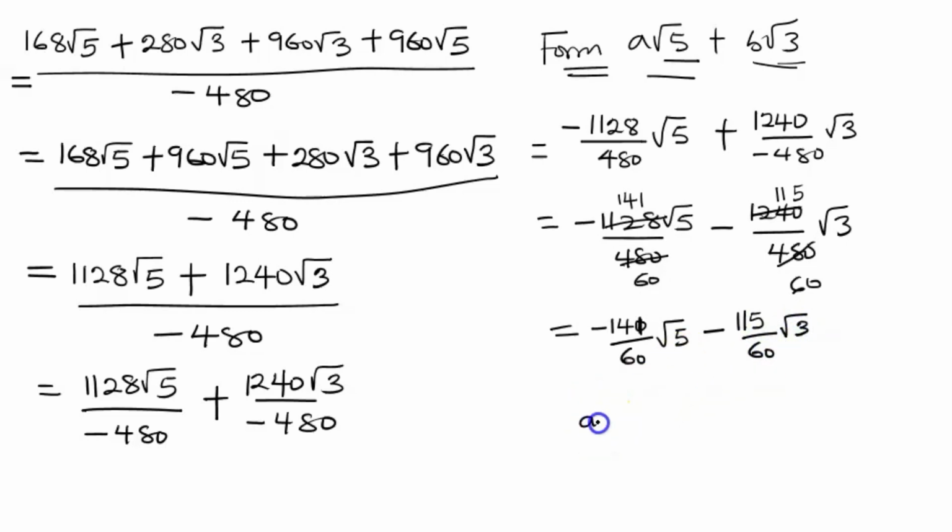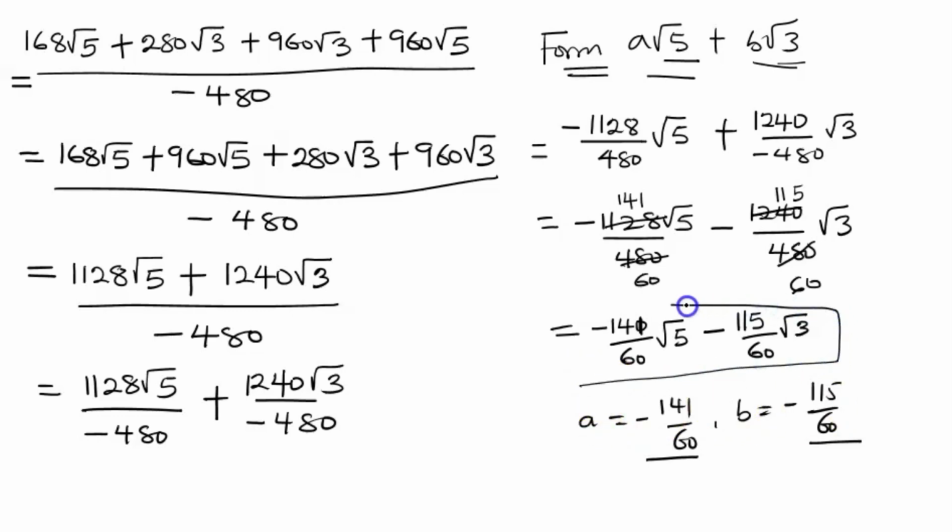Okay, so our A is negative 141 over 60, and our B is negative 115 over 60. So we are able to see this. However, this is the form the examiner says he wants it to take, only that our A and B happen to be fractions. I believe we understand this particular solution.